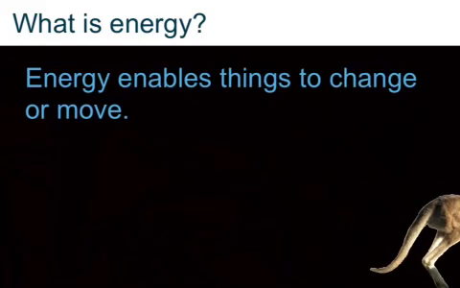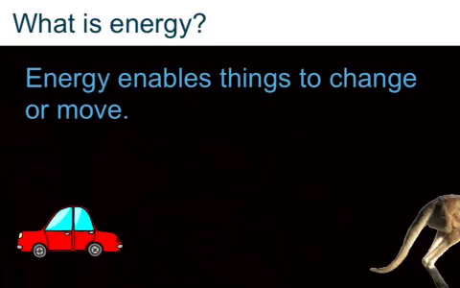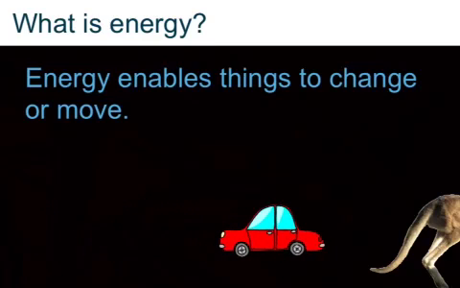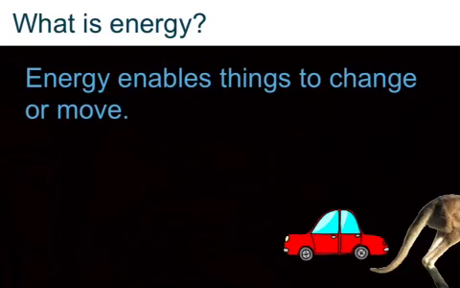It also applies to other objects as well, for example vehicles, they also need energy in order to move. So energy is that which enables things to change or move. And there are many different forms of energy like heat energy, kinetic energy, potential energy, etc.